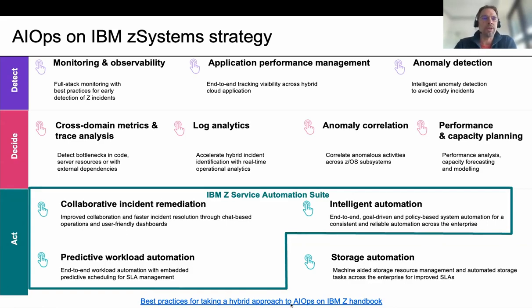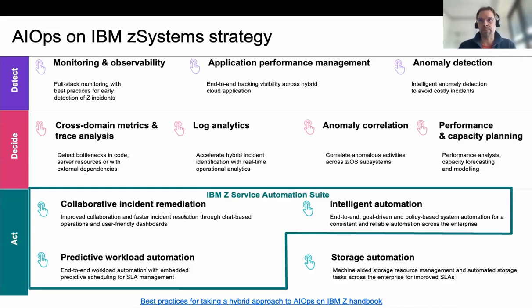In this handbook, for each of the capabilities we have a little explanation and what kind of products map to these best practices. For instance, in the detect area, we have the best practices around monitoring and observability, our Z monitoring portfolio, for example. In decide, we have the analytics tooling. And in act, we have best practices around collaborative incident remediation.